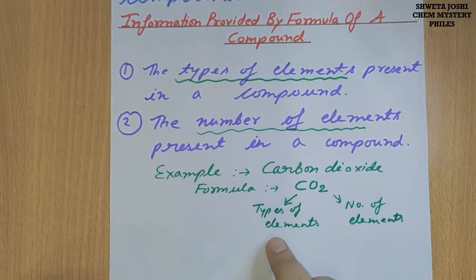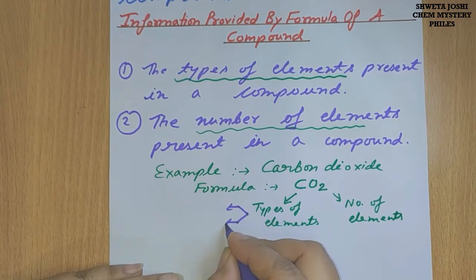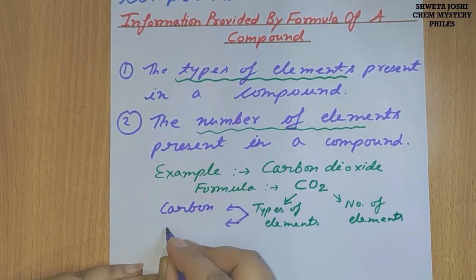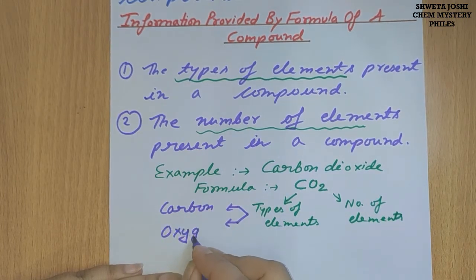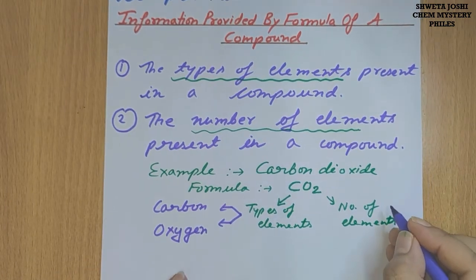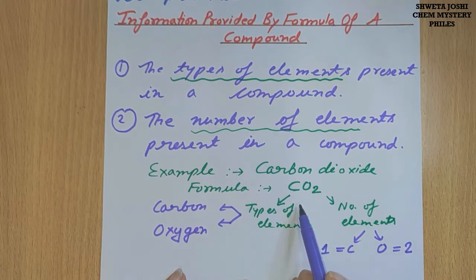So the types of elements are carbon and oxygen, and number of elements: carbon, one atom, oxygen element, two atoms are present. So this formula is providing two information.